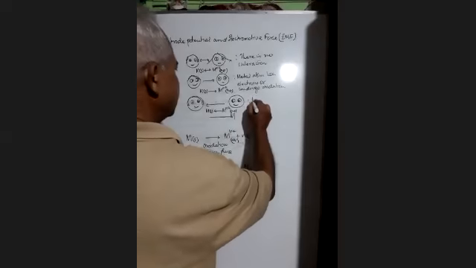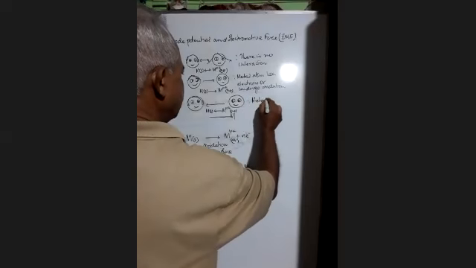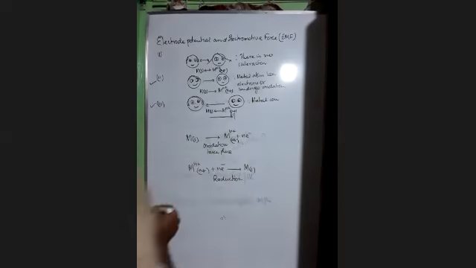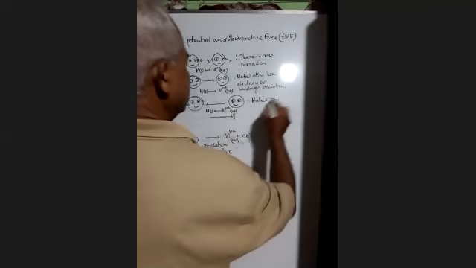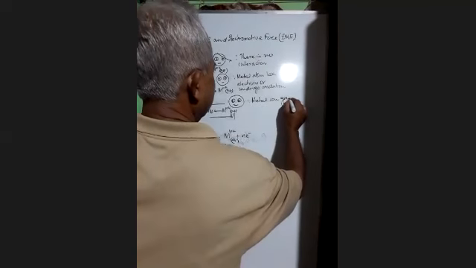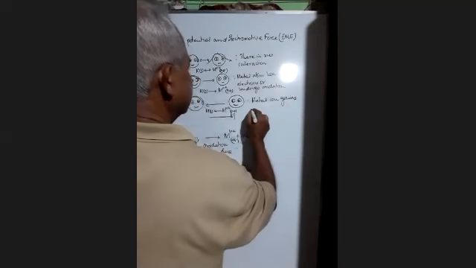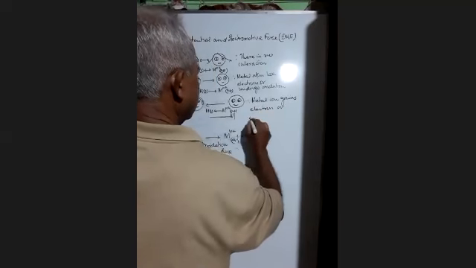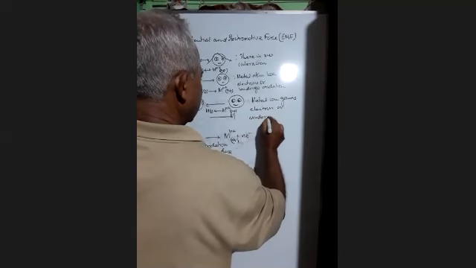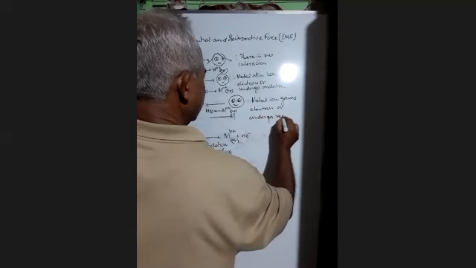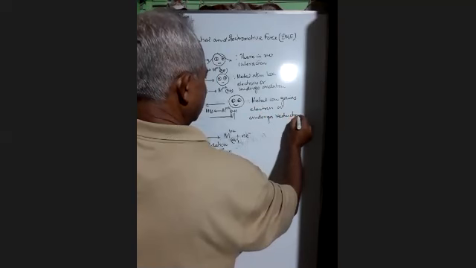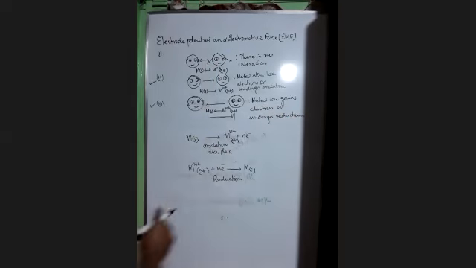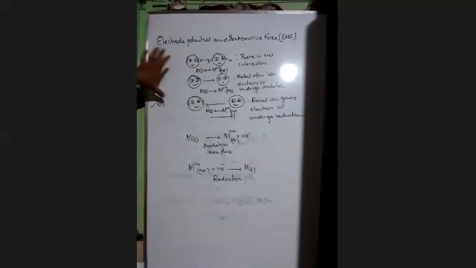What happens here now? The metal ion gains electrons or undergoes reduction. All right. So you write up to this much.